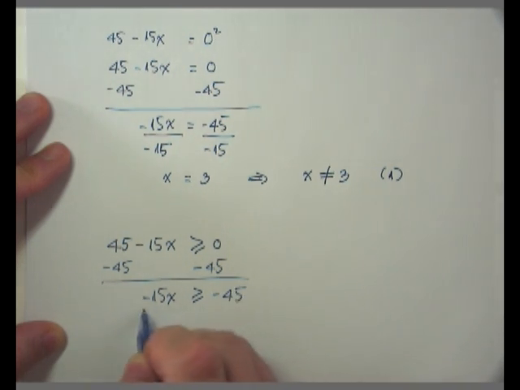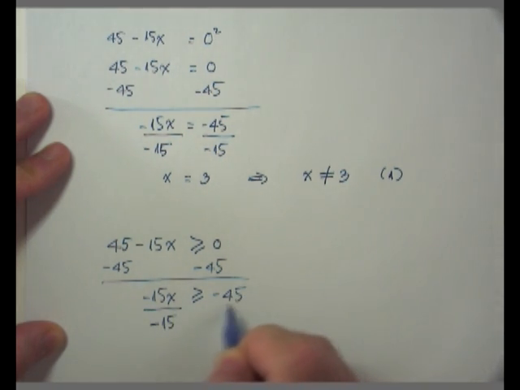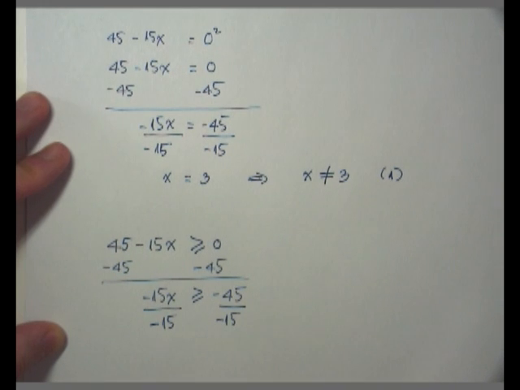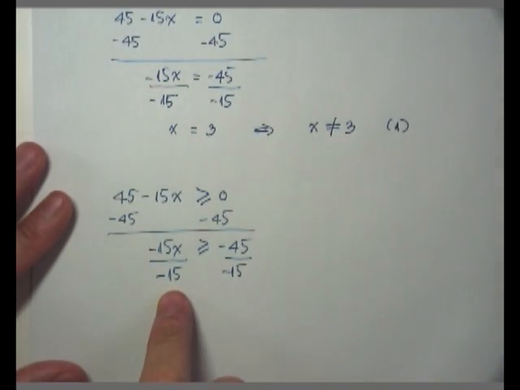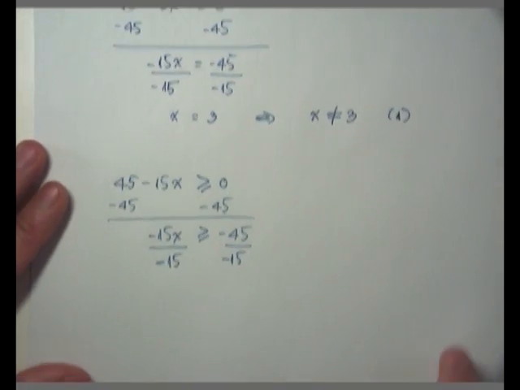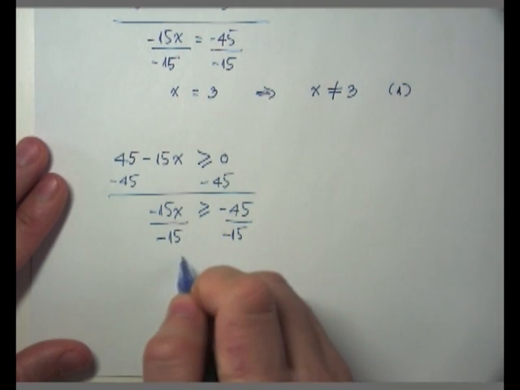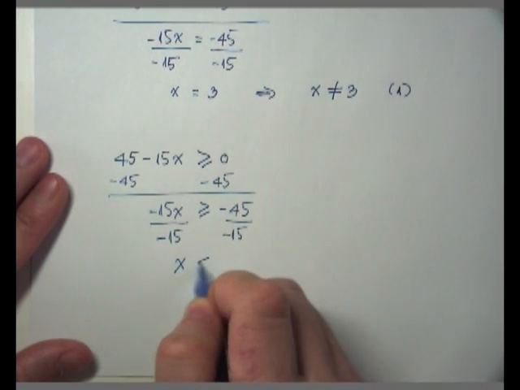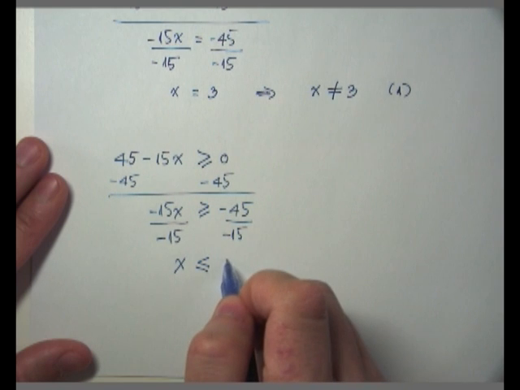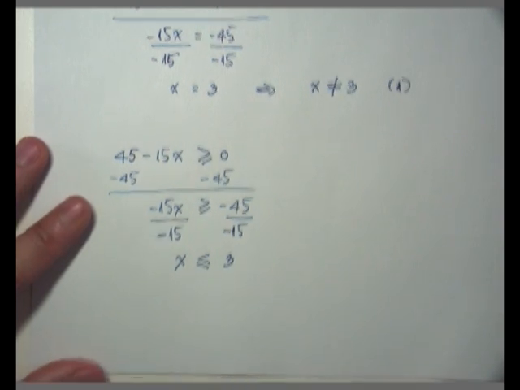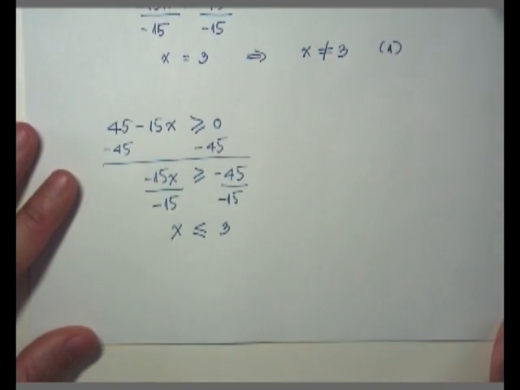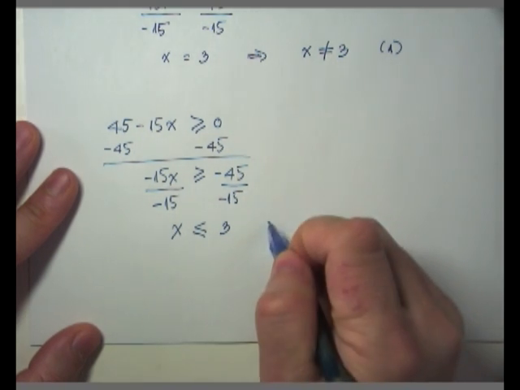And now I need to divide both sides by negative 15. Dividing both sides of that inequality by a negative number is going to cause the inequality to switch in sign. So here I have x less than or equal to 3. And so that is my condition number 2.